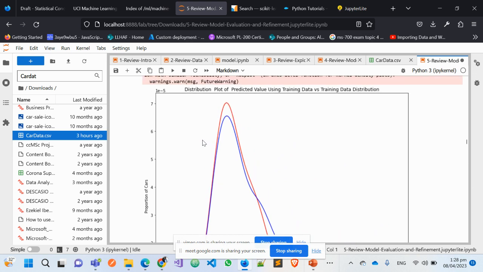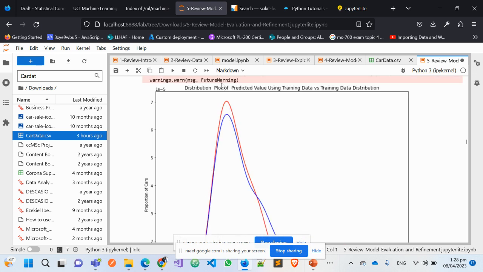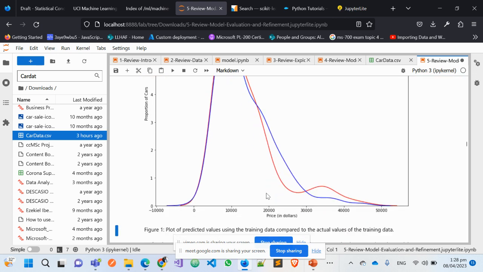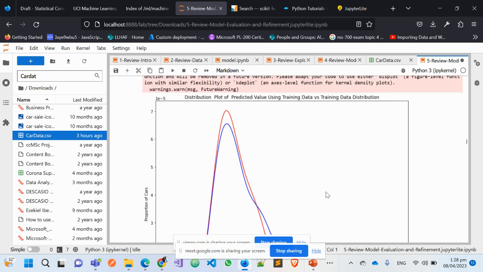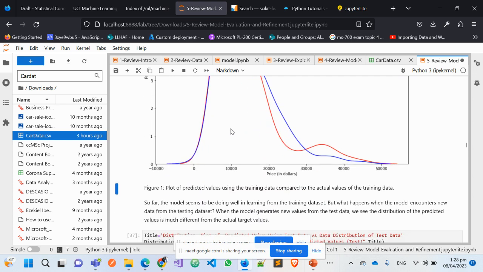You can see it's following a similar shape to the predicted variable. The red color is the predicted variable, while the blue color is the actual variable, as we are contextualizing it.